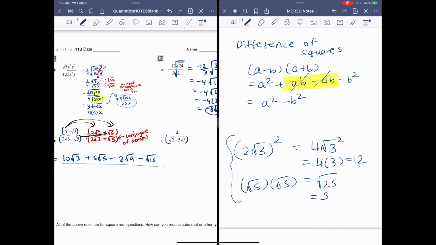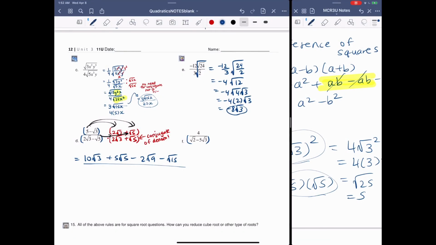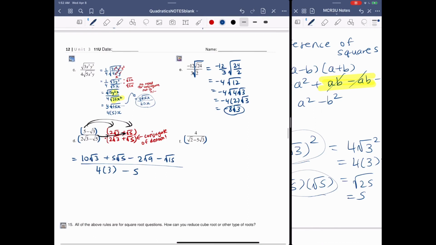The middle parts cancel out, and so I only really need these parts, which are the a squared and the b squared. Hope that's clear. So I have 4 times 3, and I have 5 based on my side notes.